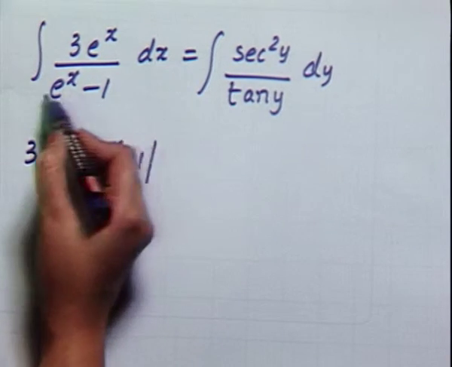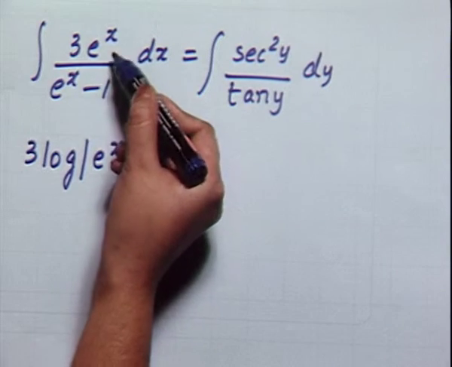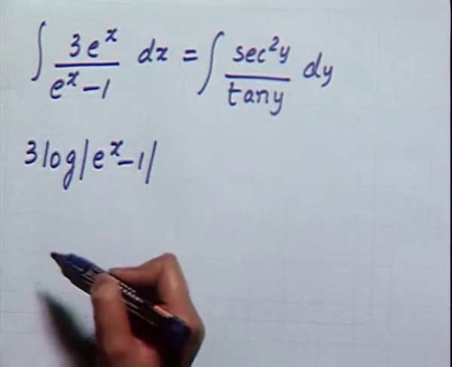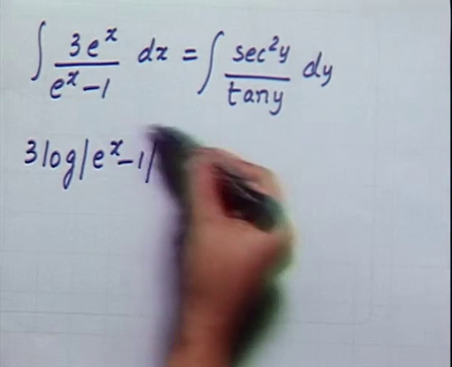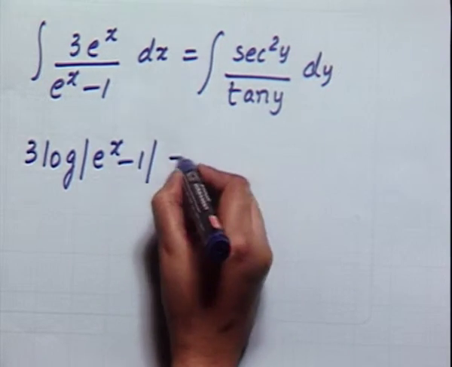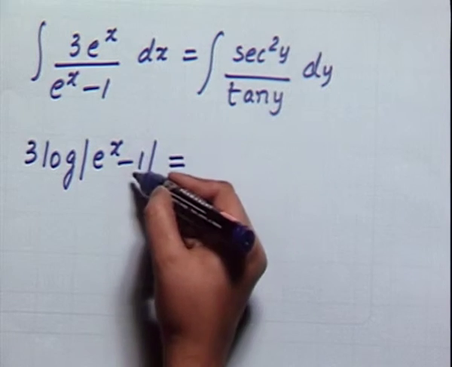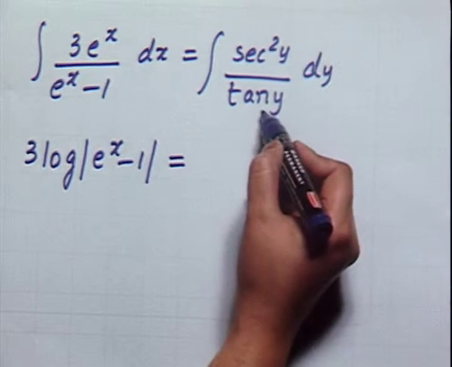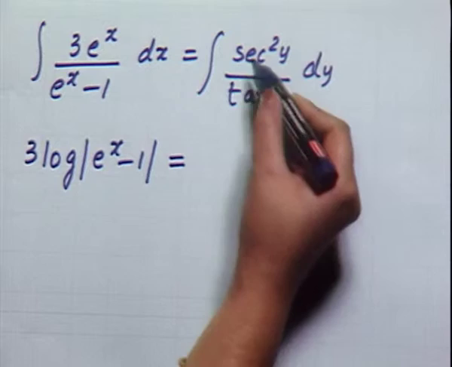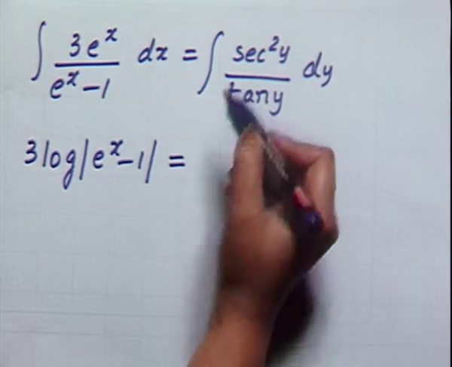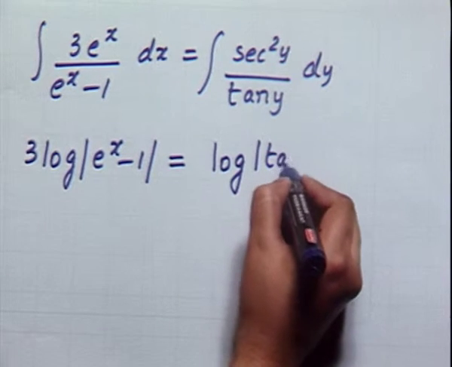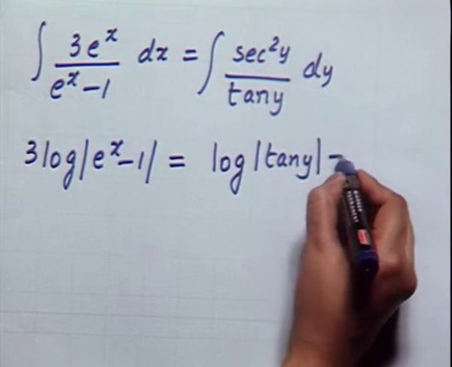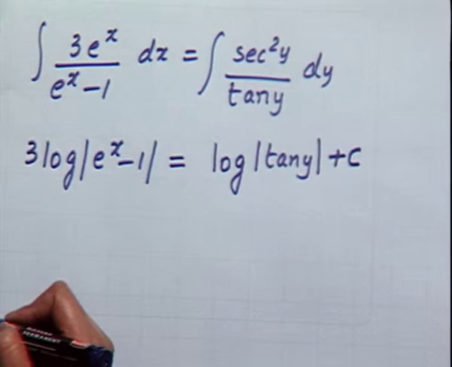You can see for yourself, if you put e to the power x minus 1 as t, then e^x dx is there in the numerator, and the expression comes out to be this. You can skip that elaborate explanation of the substitution method and write it directly by observation. Same here, tan y equal to t, sec square y dy is there. So, this also simplifies to log of tan y, and the constant of integration comes on one side.